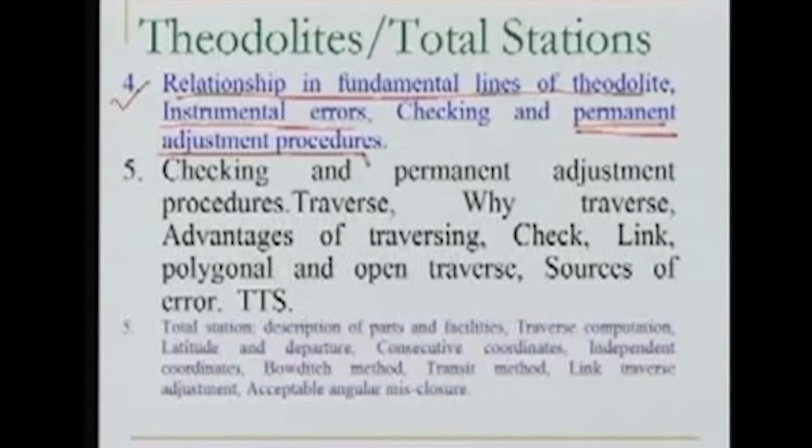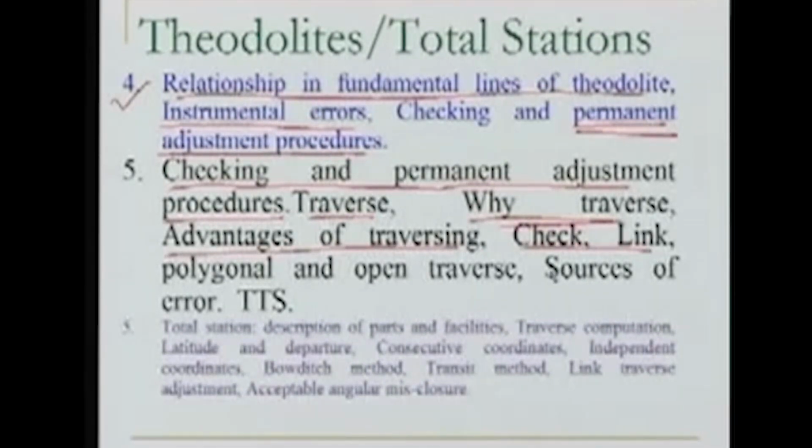So this is what we had done so far. What we will do today, we will continue with this checking of errors and some more permanent adjustment procedures in our instrument. Then we will see very briefly what is a traverse. We have seen it already while talking about the compass. Also we have answered the question of why we need the traverse, what the advantages are, and what kind of checks could be there in the traverse.